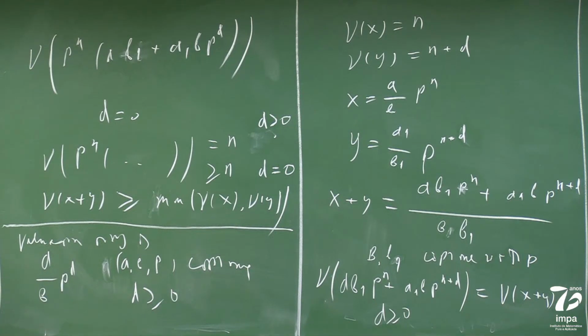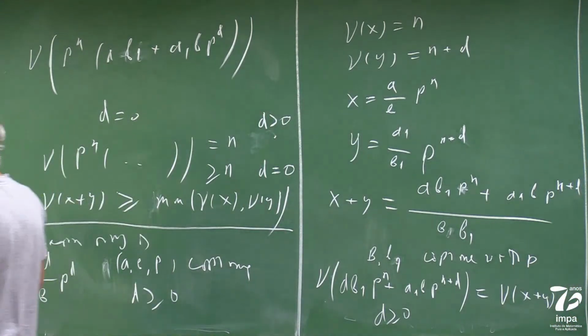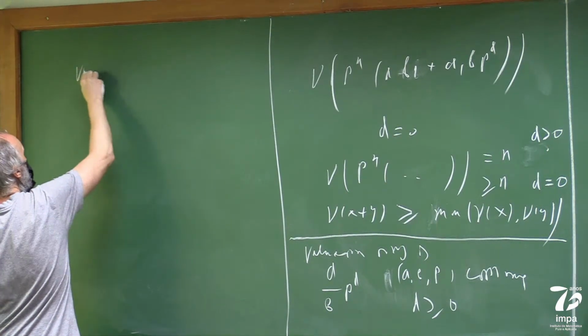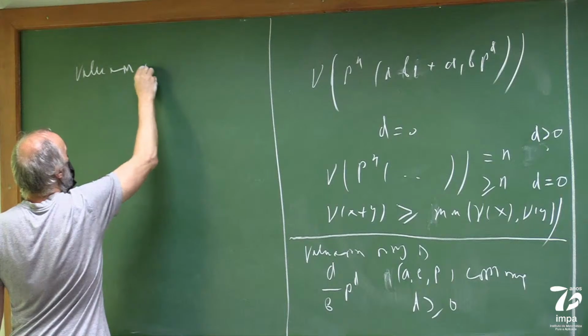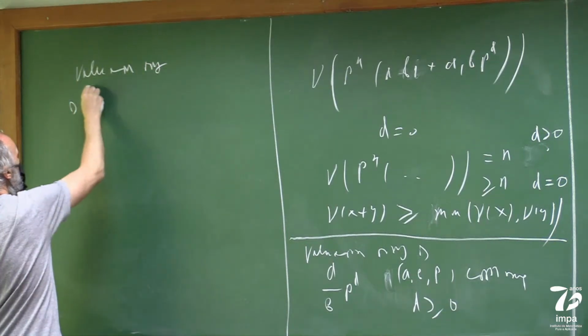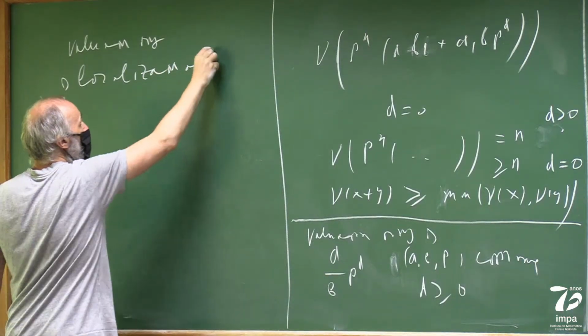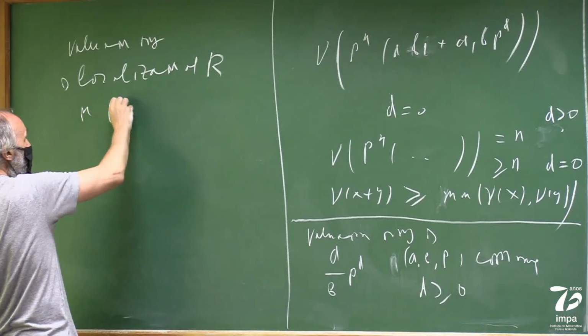We had already this. So in other words, this valuation ring is the localization of R at this ideal.